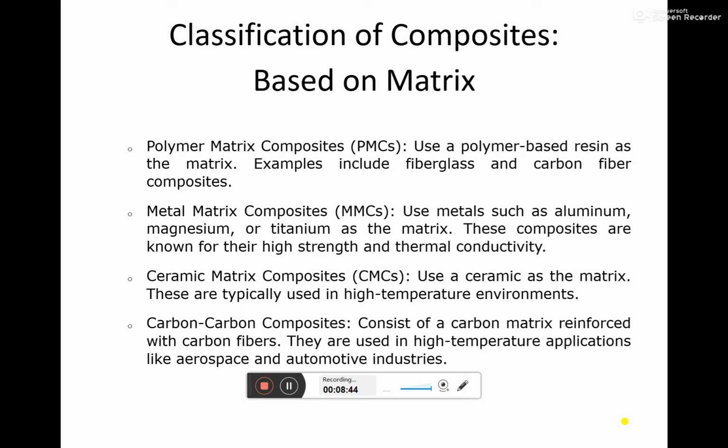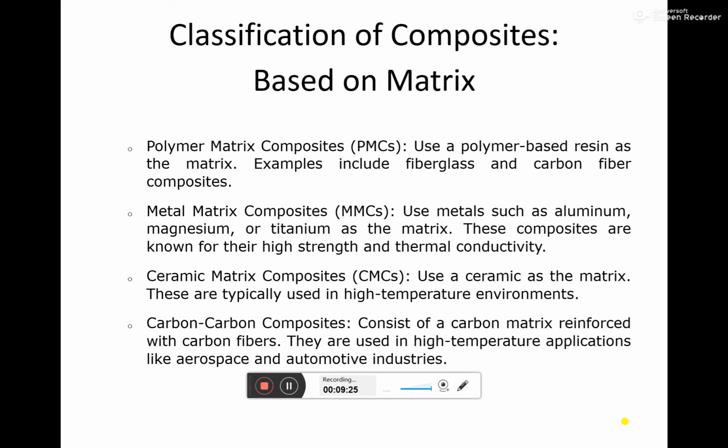So the next topic is the classification of composites based on the matrix. As already mentioned, a composite material mainly consists of two different components or ingredients: one is the reinforcement, another one is the matrix. In that matrix, we can use different types, and based on that they are classified as polymer matrix composites, metal matrix composites, ceramic matrix composites, and carbon-carbon composites.